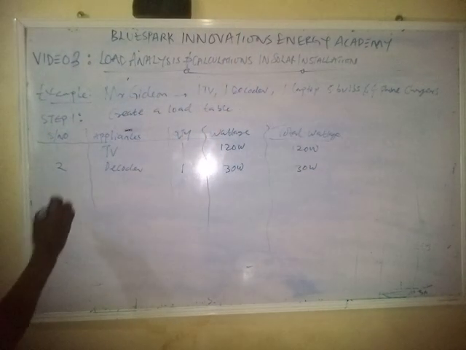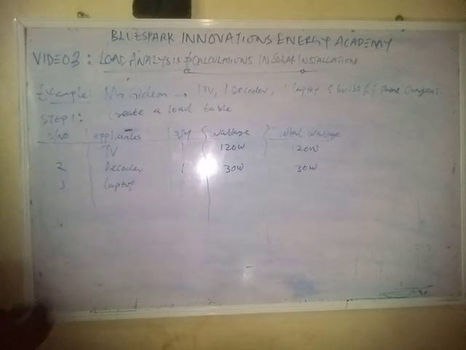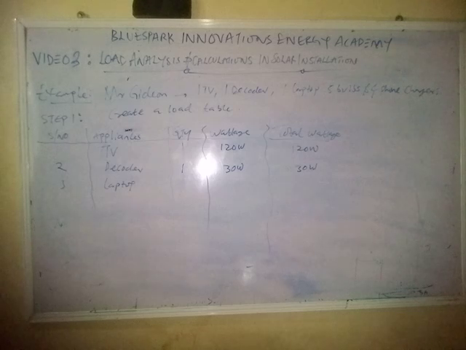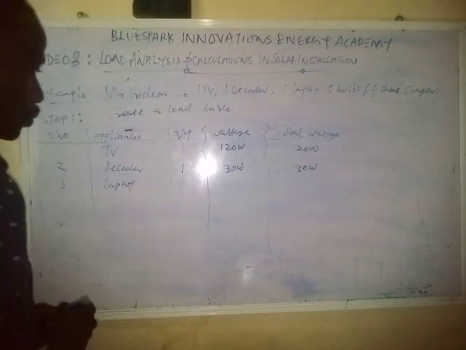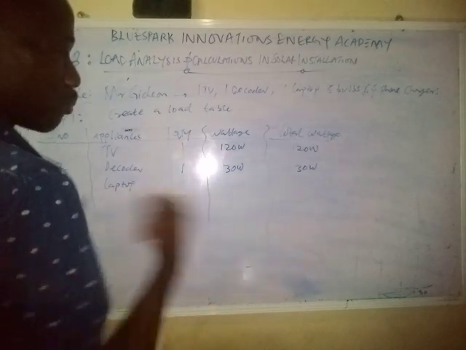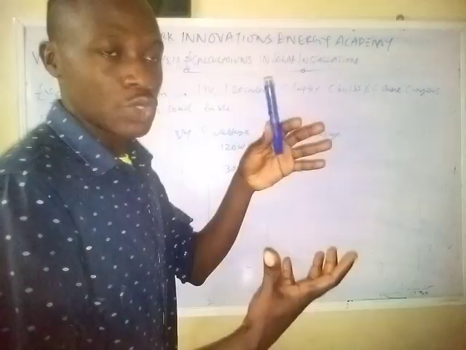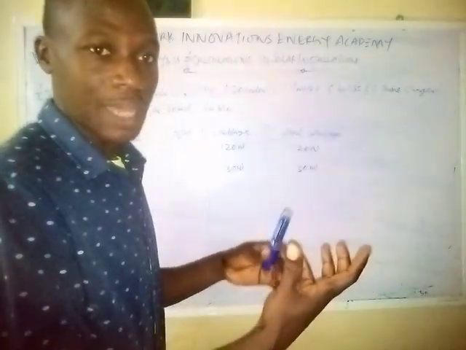What's the next item? Item 3, laptop. Let's say our laptop is 65 watts, or maybe it's a 60 watts laptop. How do you know the power rating of the laptop?